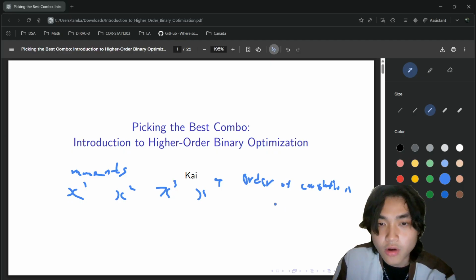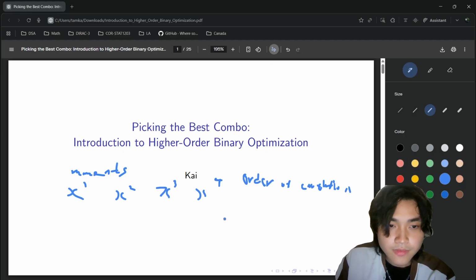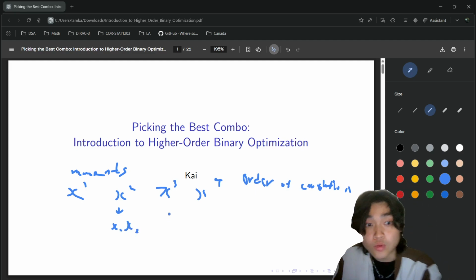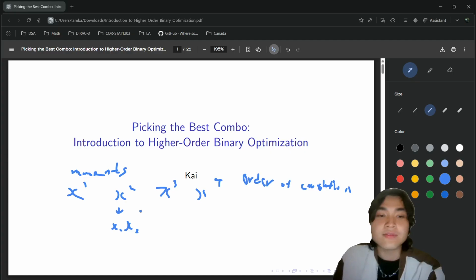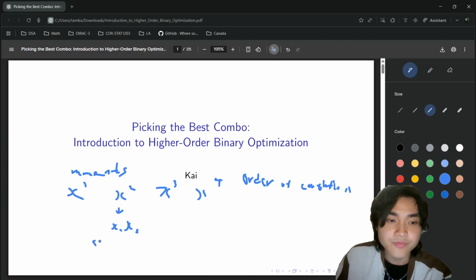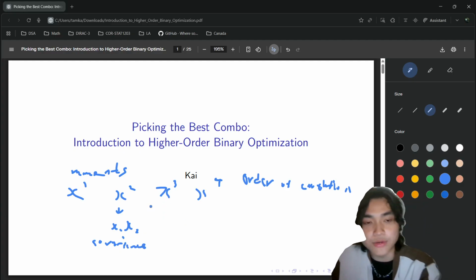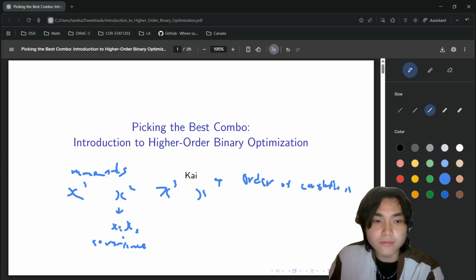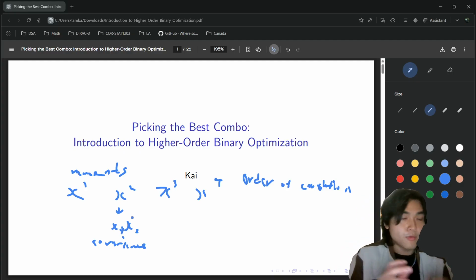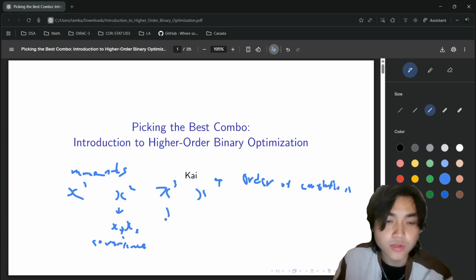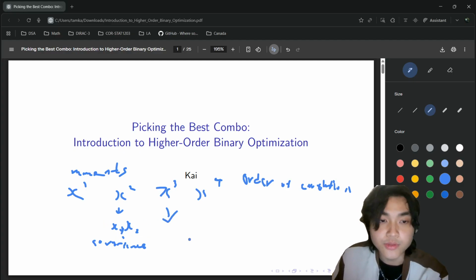The reason why it's called order of correlation is because, for example, x squared we can represent as two x's. And in this case, we can think of it as a covariance matrix, or rather, we are modeling the interactions between the variance of two variables.